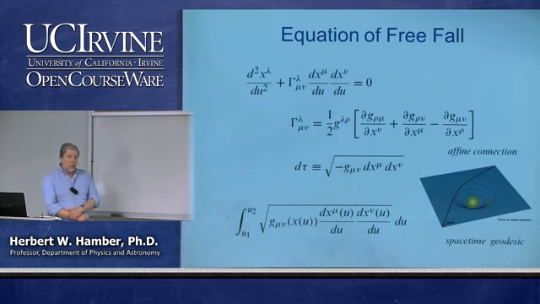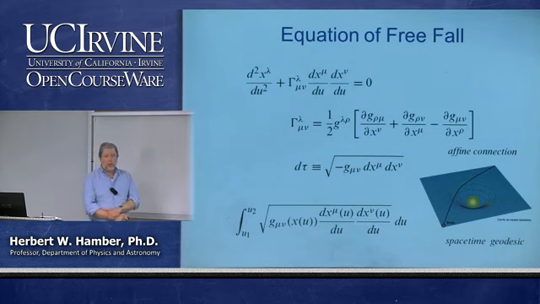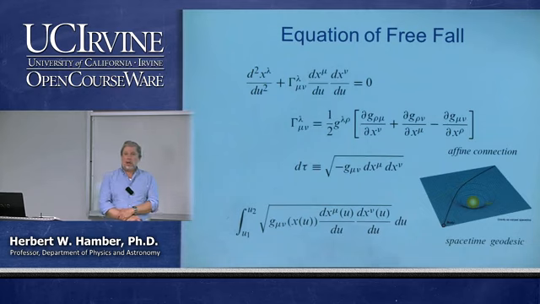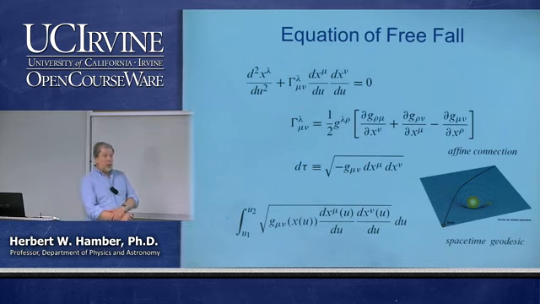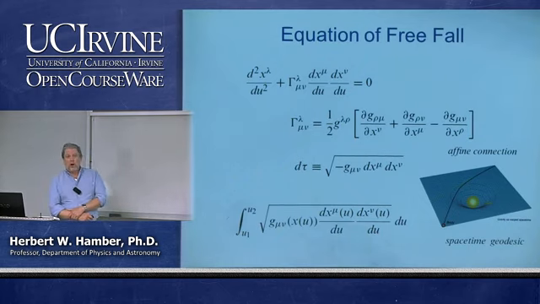And the fundamental equation that describes that is the equation of free fall, which we wrote in class. This is one of the two fundamental equations of general relativity, because the equation of free fall is the F equals ma for relativistic gravity. It's what takes the place of Newton's equation if you have relativistic gravity. So it is a fundamental equation, except that in class so far we have not really gotten to the bottom of it.